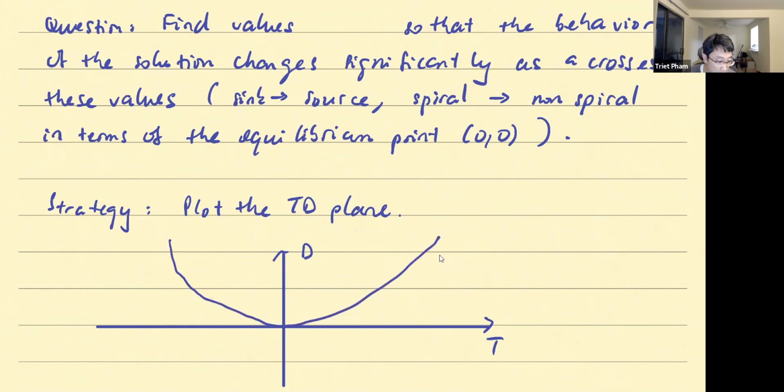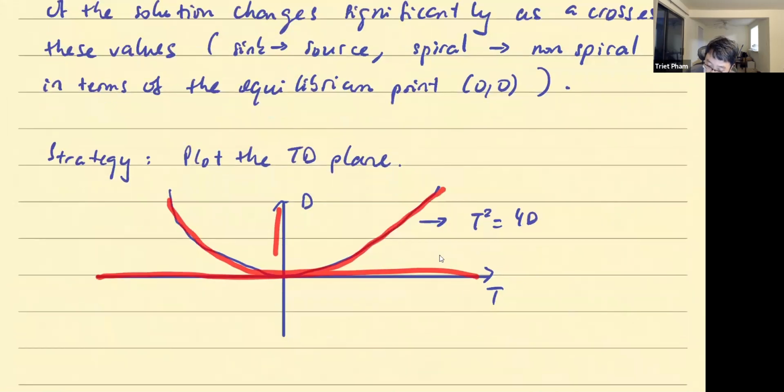This is the parabola where t squared is equal to 4d. That's the first one that you pay attention to. The second one is the upper half, the positive d axis. And the last one is the t axis. These three are the important boundaries that you want to pay attention to.